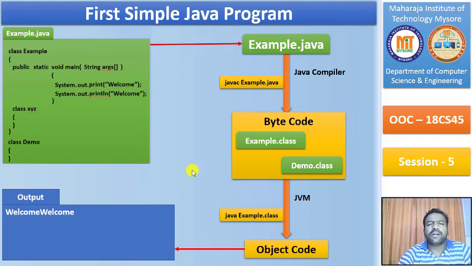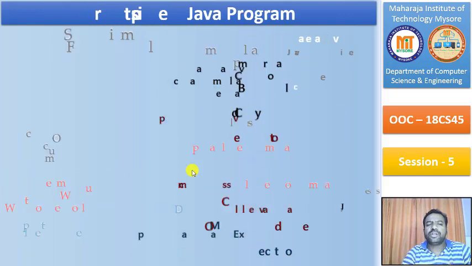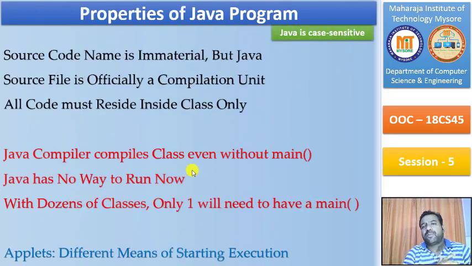Fine. So now once this is done, we're going to see what the properties of a Java program are. The first property, as every programming language does, Java is case sensitive. Now just look at these points I have put here as the properties.